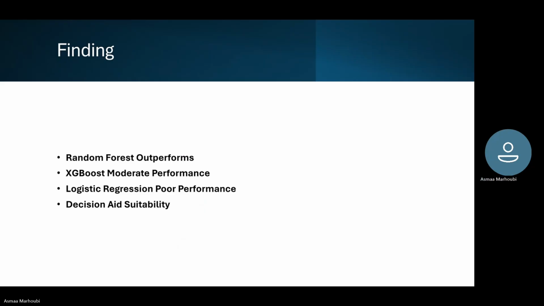From the findings, among the algorithms applied, random forest is outperforming the rest of the models. It achieved the highest accuracy, as I stated earlier, of 86.4%, and an AUC of 0.96 for multi-class fault diagnosis.